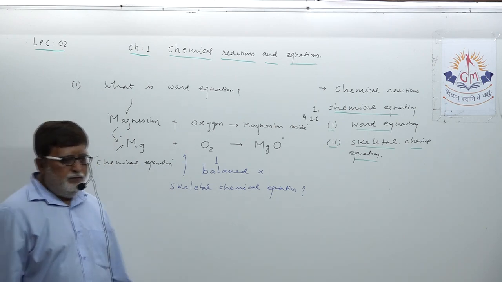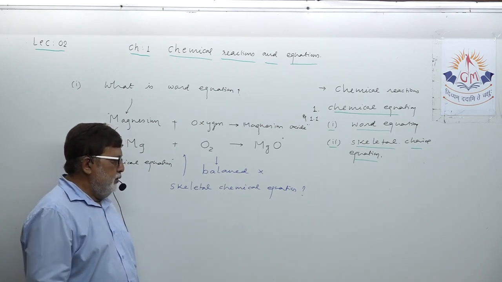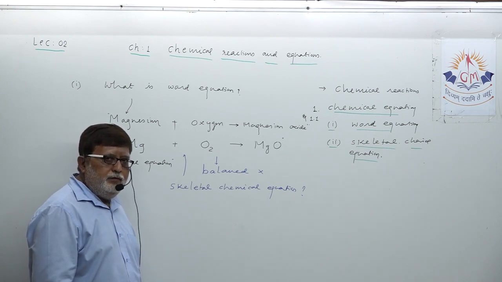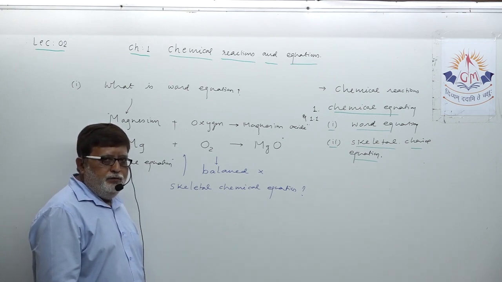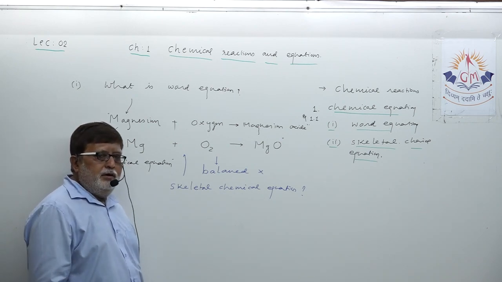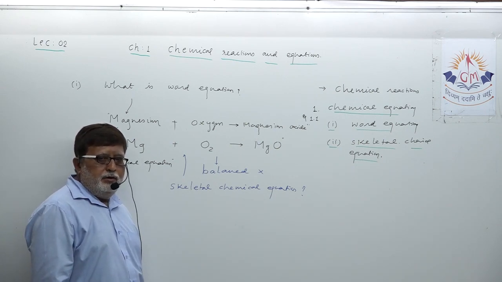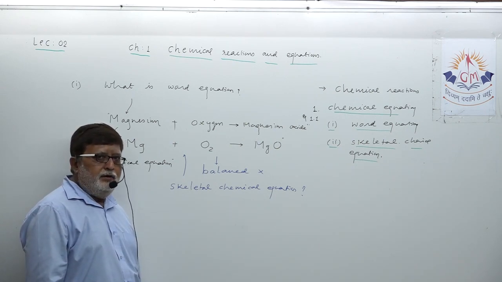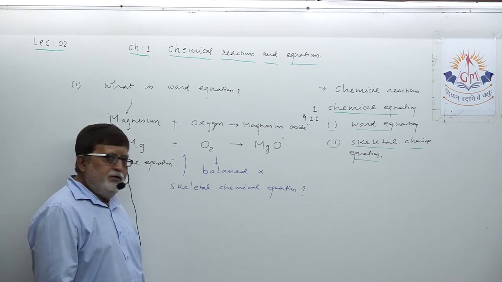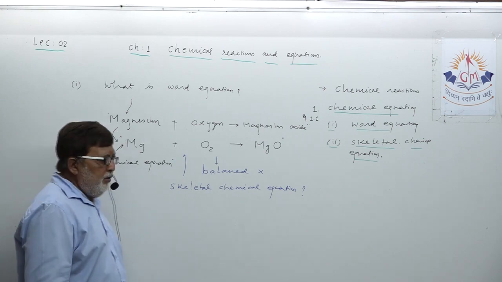If they ask in one line in the exam, what is a skeletal chemical equation, you should take enough care to express your concept in words: any chemical equation written with symbols and formulas but not yet balanced is known as a skeletal chemical equation.